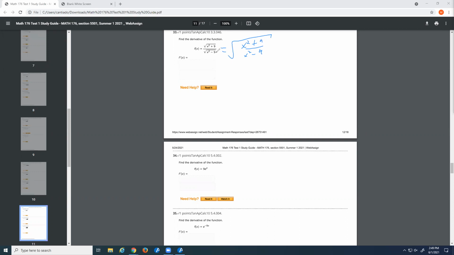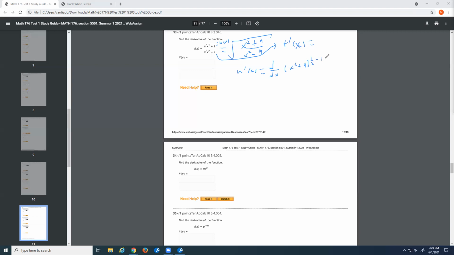All right, so using the quotient rule, f prime of x should just be the derivative of the top function. It's kind of funny because in avoiding the chain rule, we actually have to do the chain rule again inside of the quotient rule, because the derivative of our top function, if we let our top function be h of x, h prime of x is going to be d by dx of (x squared + 9) to the 1/2.